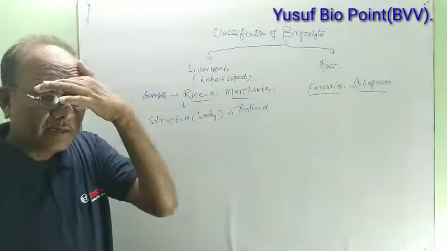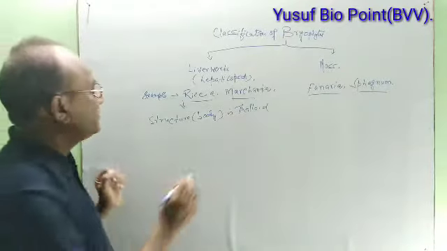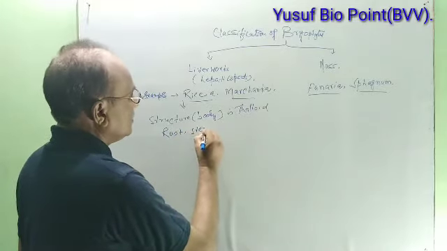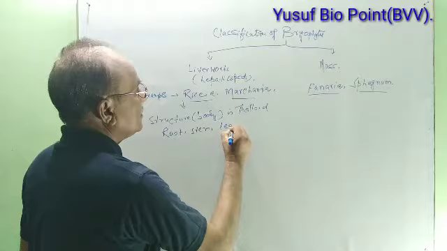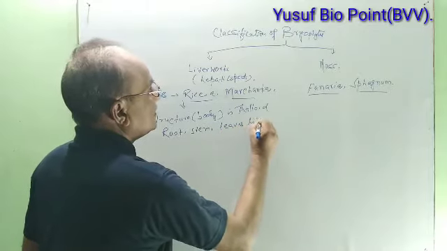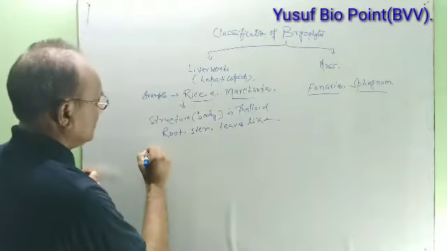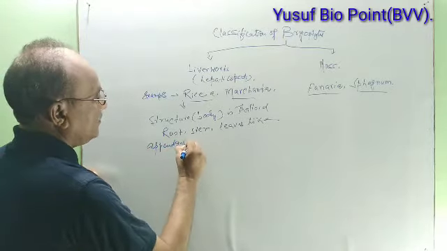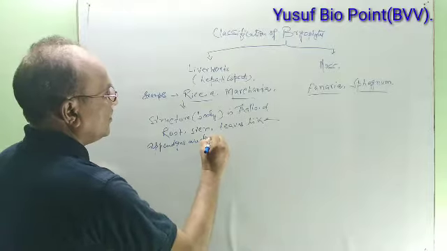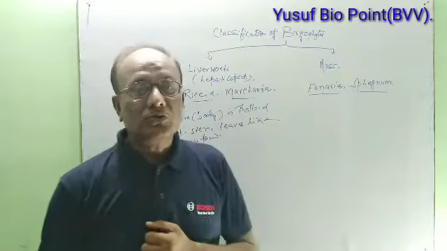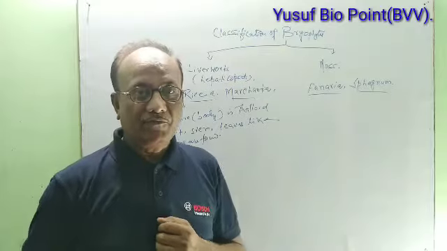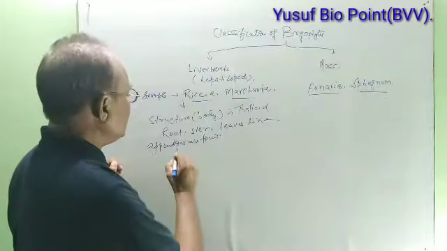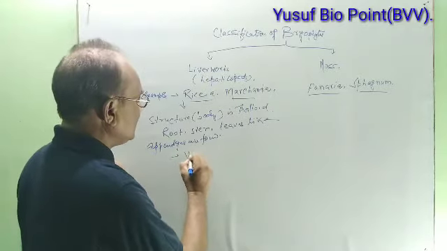It means there are root-like, stem-like and leaf-like appendages. No true root, stem and leaf are found, but these organ-like structures are found. And the important one is that the vascular bundle is absent.